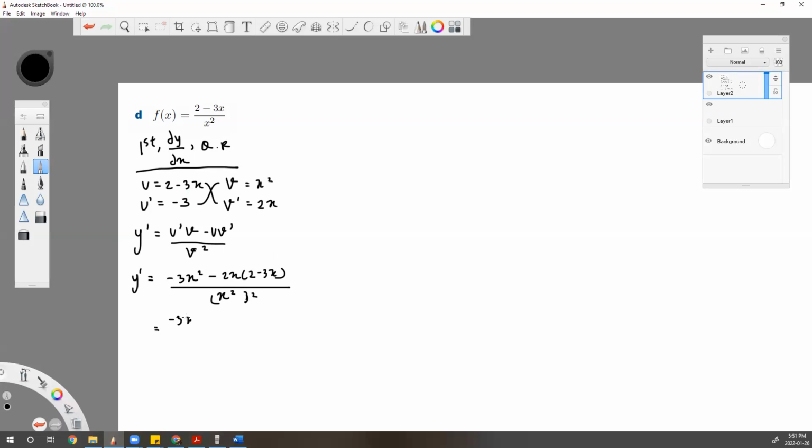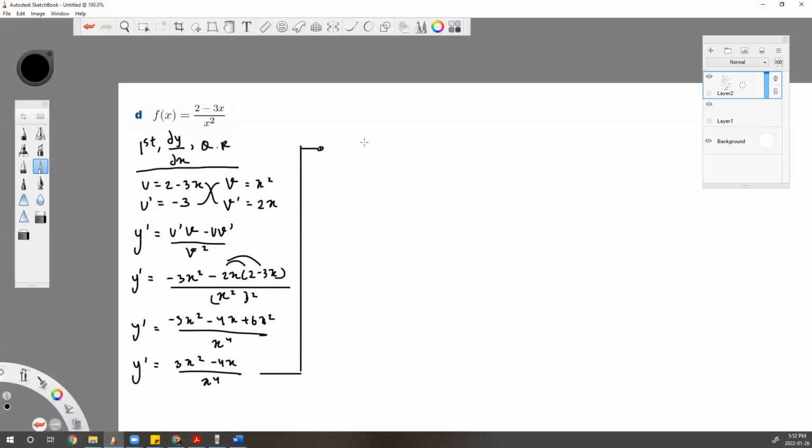So negative 3x squared minus 4x, open bracket, plus 6x squared over x to the power of 4. See, this is the first derivative. Haven't got the second derivative yet. It's annoying. 3x squared minus 4x over x power 4.